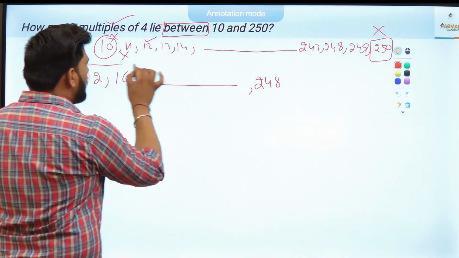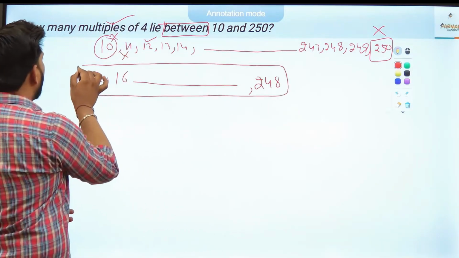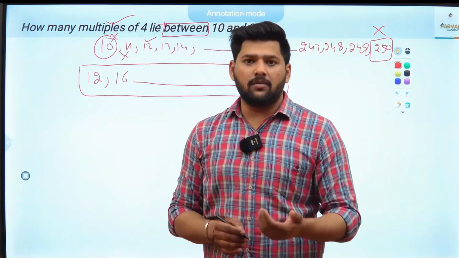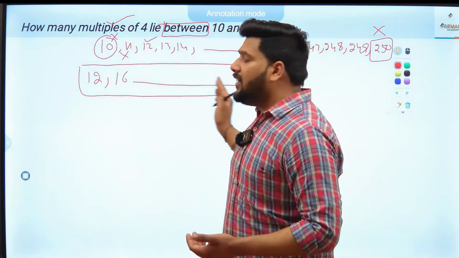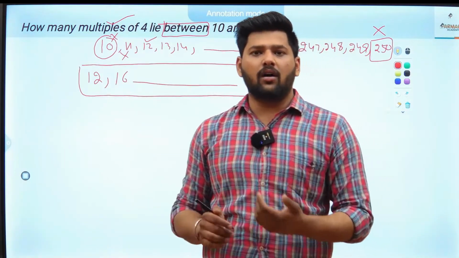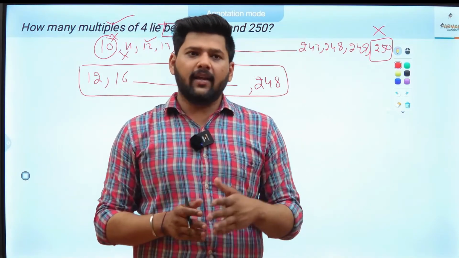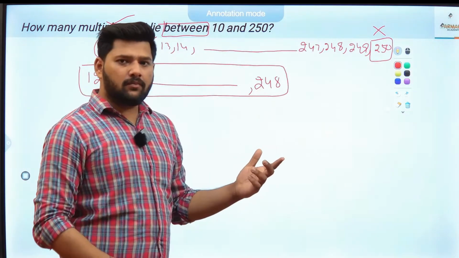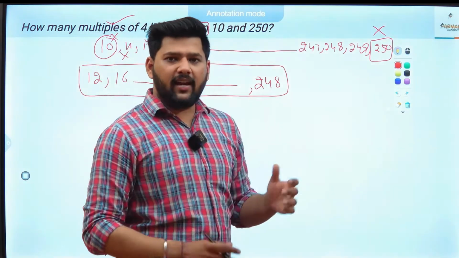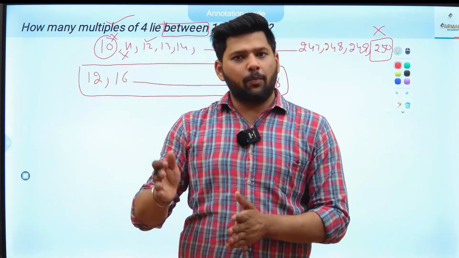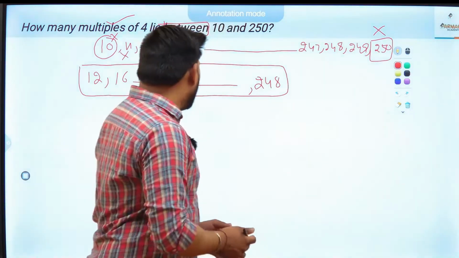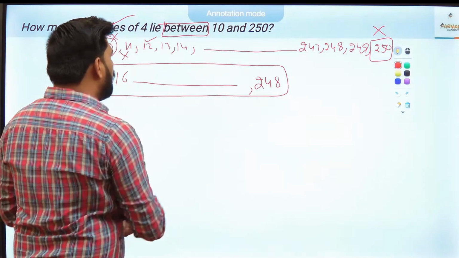Now this is our AP and we have to find how many multiples, how many terms, यहाँ पर कितनी टर्म्स है, मीन्स हमें नंबर ऑफ टर्म्स फाइंड करनी है. सिंपली कितनी टर्म्स आएंगी, दैट इज द पोजीशन ऑफ द लास्ट टर्म. 248 इज द लास्ट टर्म, जो भी इसकी पोजीशन होगी दैट इज द वैल्यू ऑफ नंबर ऑफ टर्म्स. सो वी विल फाइंड द पोजीशन ऑफ 248.